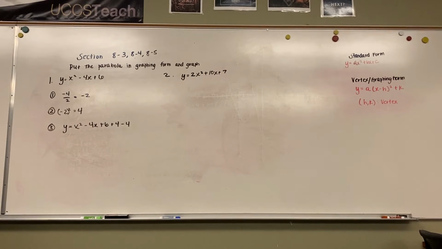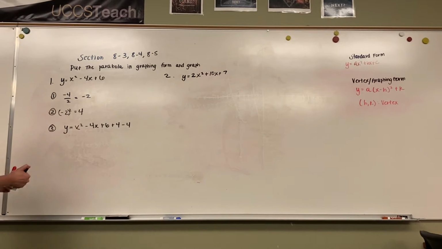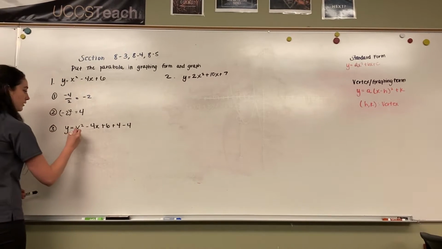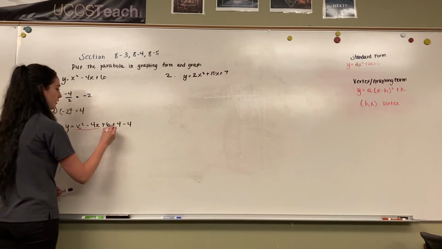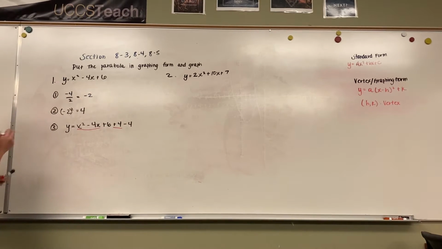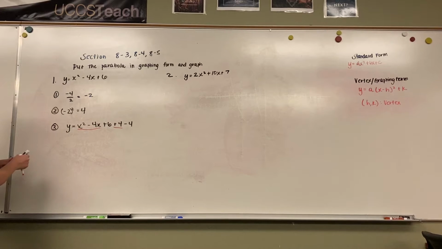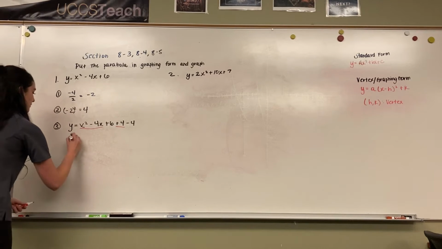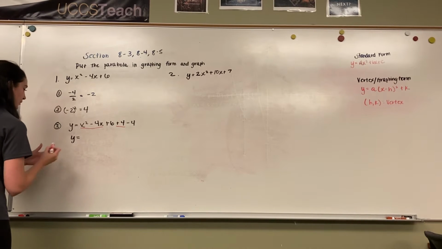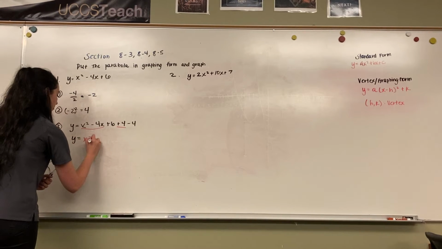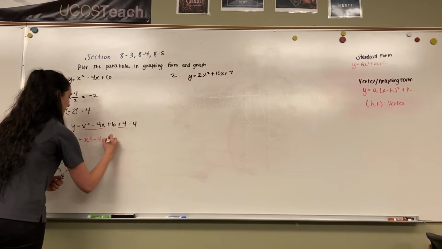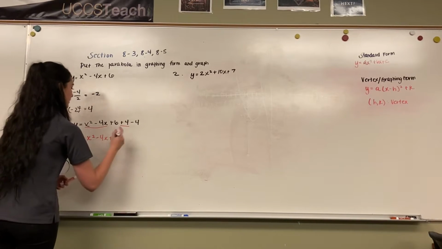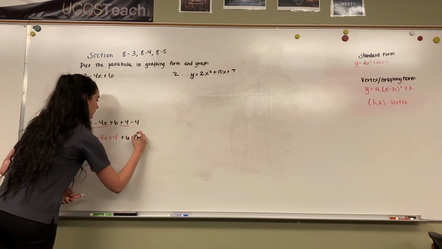Okay, so I want you guys to look at that for a second because there's a perfect square involved in that equation. So I'm going to underline it in red, the perfect square. So x squared minus 4x plus 4 is a perfect square. So I'm going to rewrite that out front. Y equals, I'm going to write the perfect square in red. And then we have plus 6 minus 4.